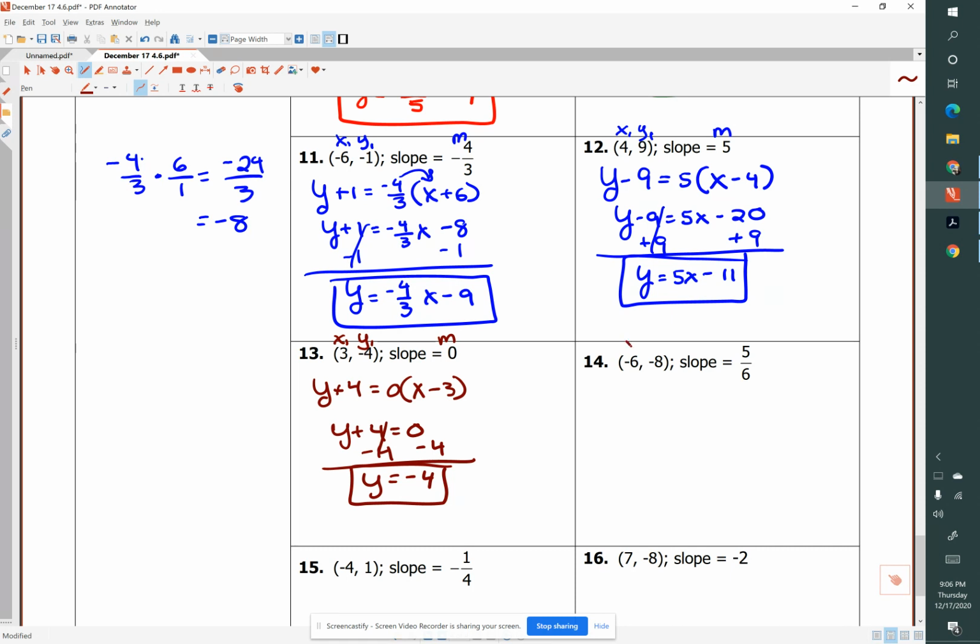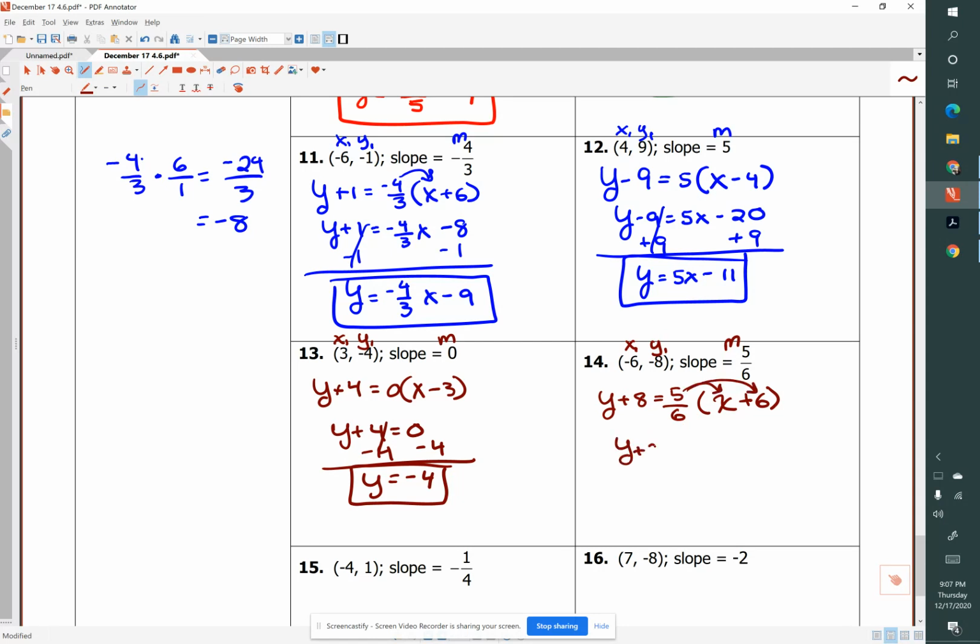Number 14, our x sub 1 is negative 6, our y sub 1 is negative 8. Our slope m is 5/6, so the rise is 5, the run is 6. So y minus negative 8 is y plus 8 equals our m value of 5/6 times the quantity of x minus negative 6, which is plus 6. So first we distribute.